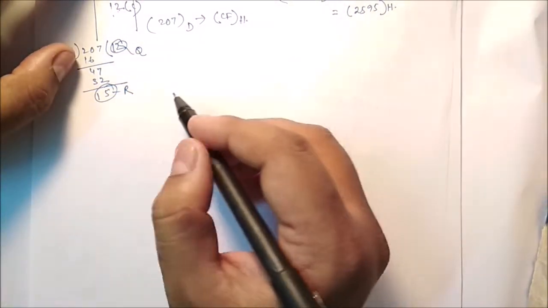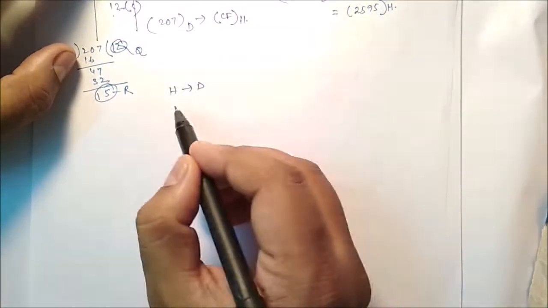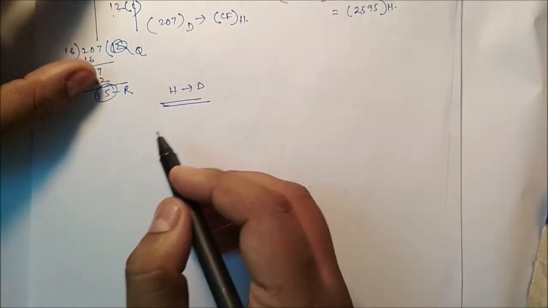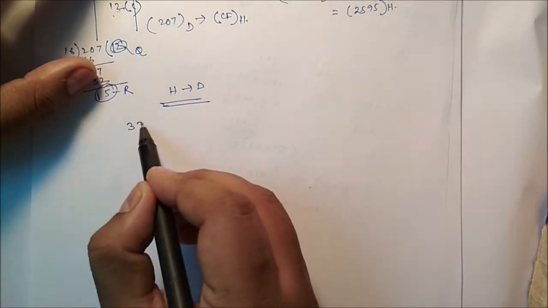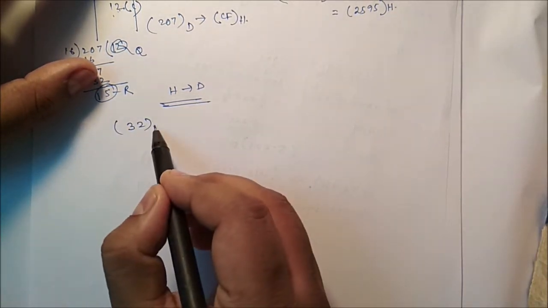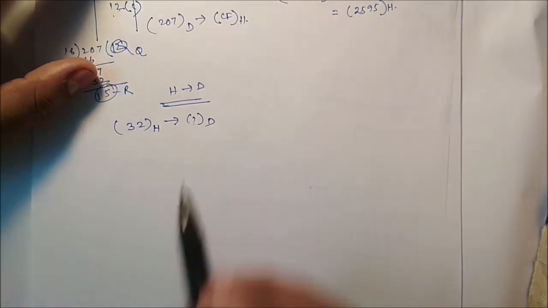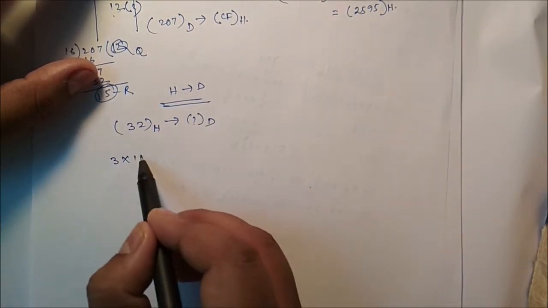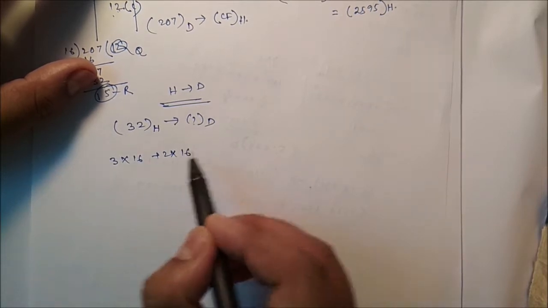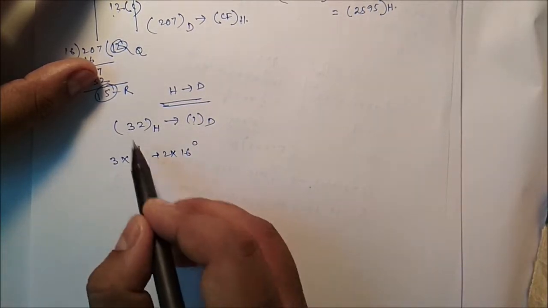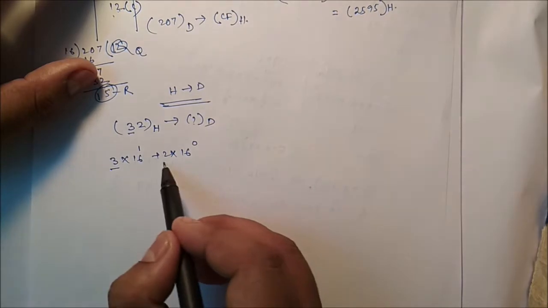Now we'll talk about the conversion from hexadecimal to decimal. Suppose a number is 32 in hexadecimal. We have to convert this into decimal. So 3 into 16 to the power 1 plus 2 into 16 to the power 0, starting from the right side with powers 0 and 1.